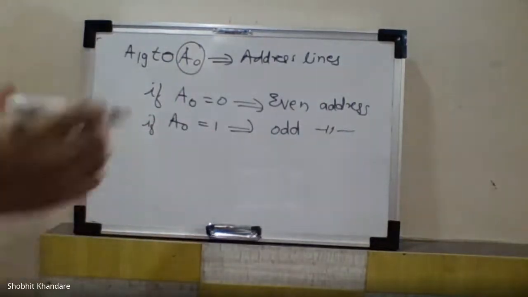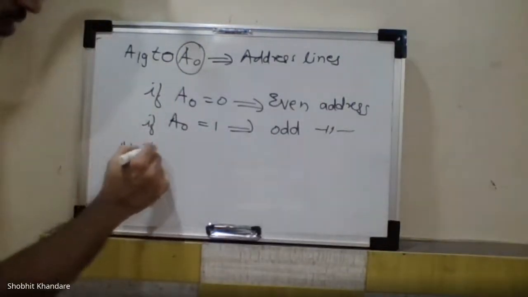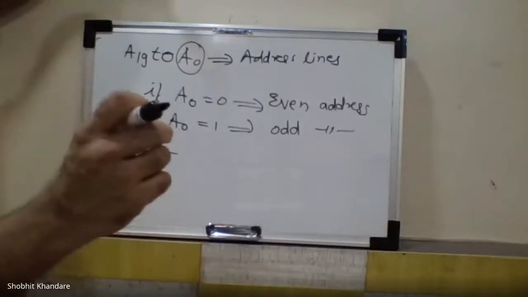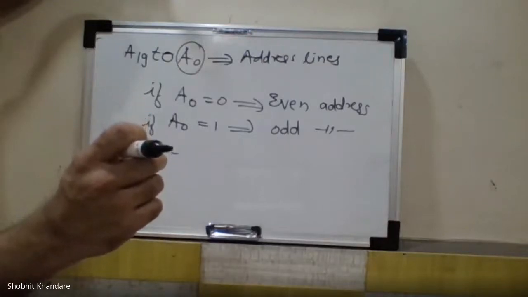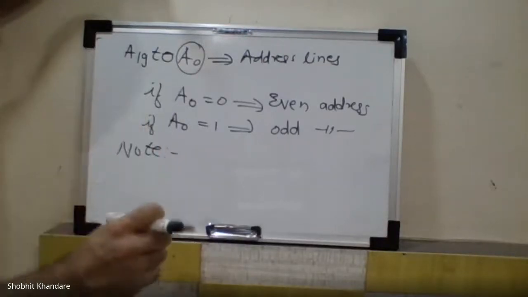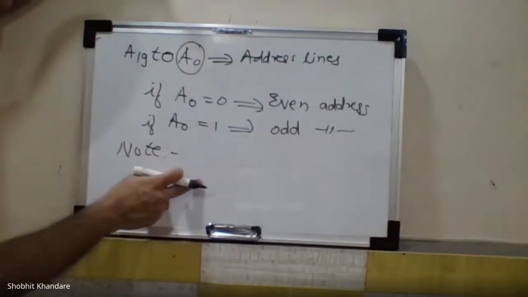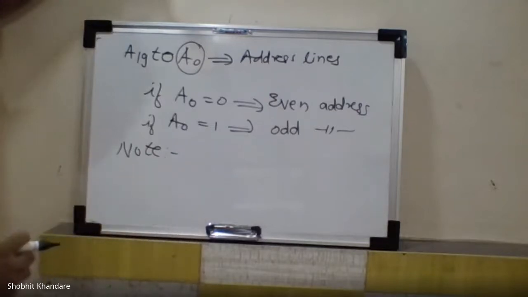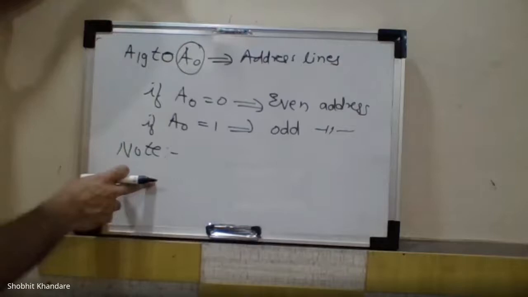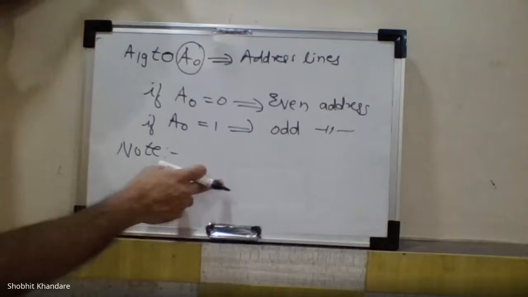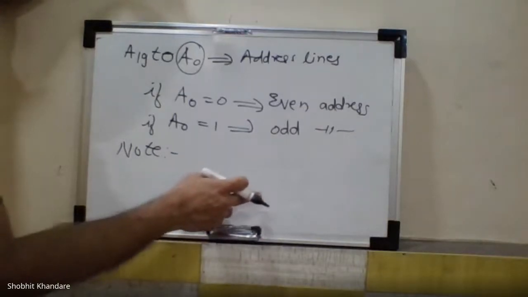Please write down the note below. Even bank is also said as lower bank and is used to store even addressed data.